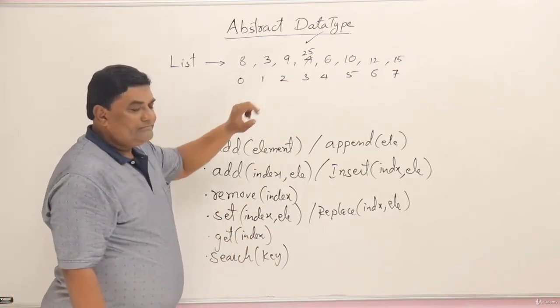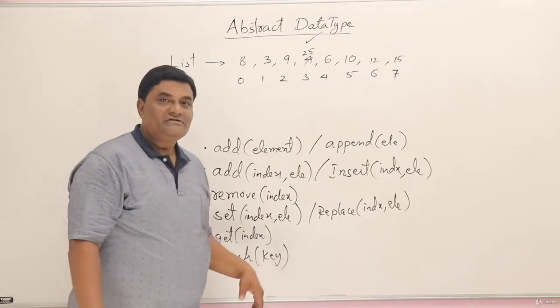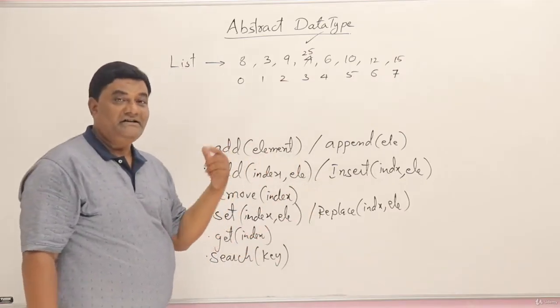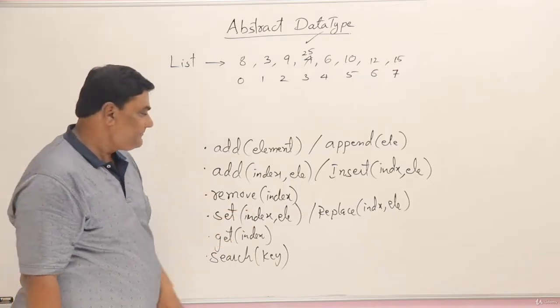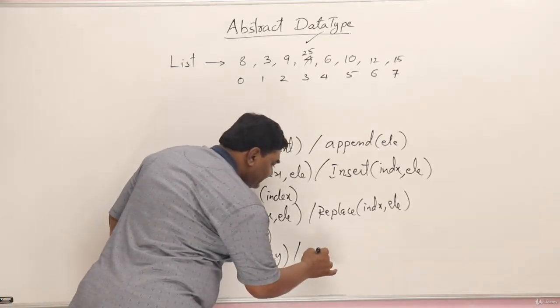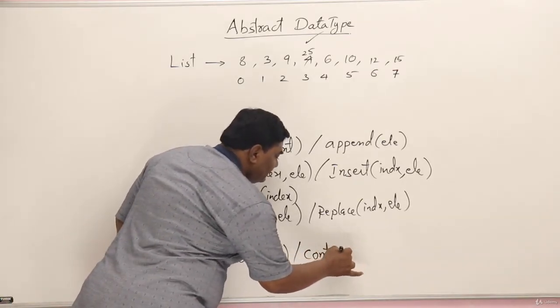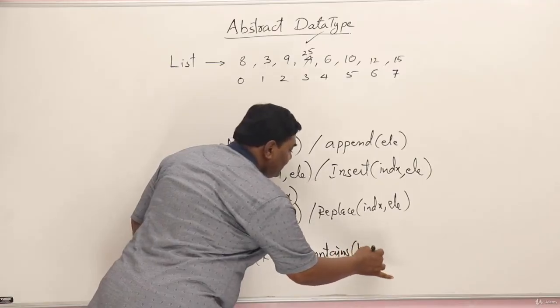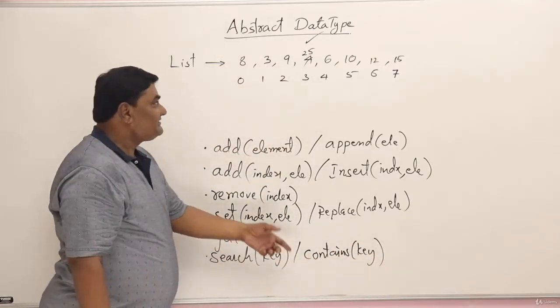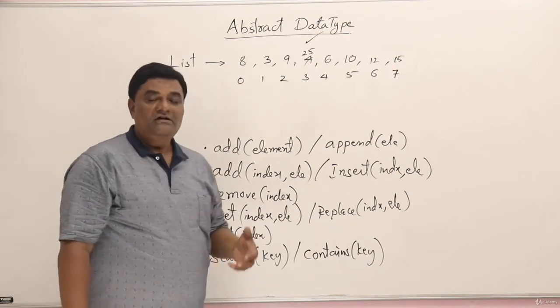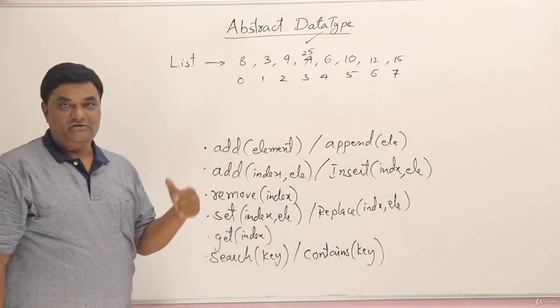It's at index 2. So searching for an element to find its index if it is present in the list. The search is also called contains key. So we want to know whether this key element is there in the list or not, or whether the list contains that element or not.